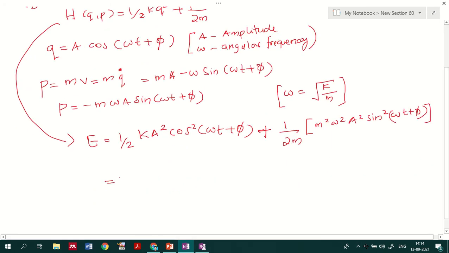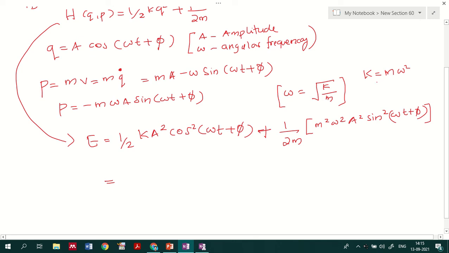This can be reduced: from omega equal to root k by m, we get k equal to m omega square.